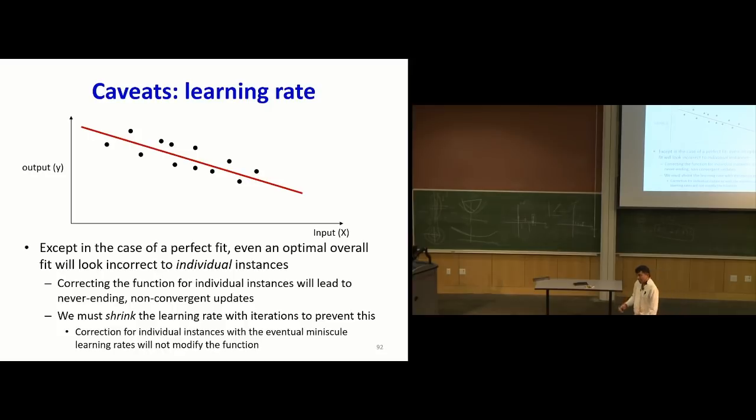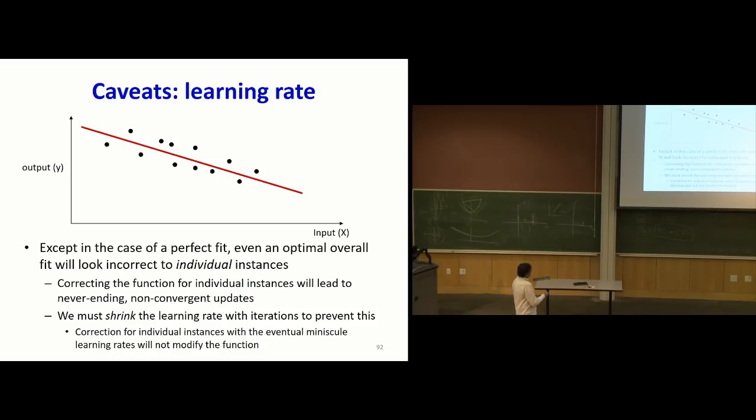Because at each point, I'm looking at one training instance, and this is not correct for any single training instance. So as far as individual training instances are concerned, the function is always wrong. So anytime I consider a single training instance and adjust for it, there will be an adjustment to make, and the function will change. So what this means is that these updates will never converge to anything useful.